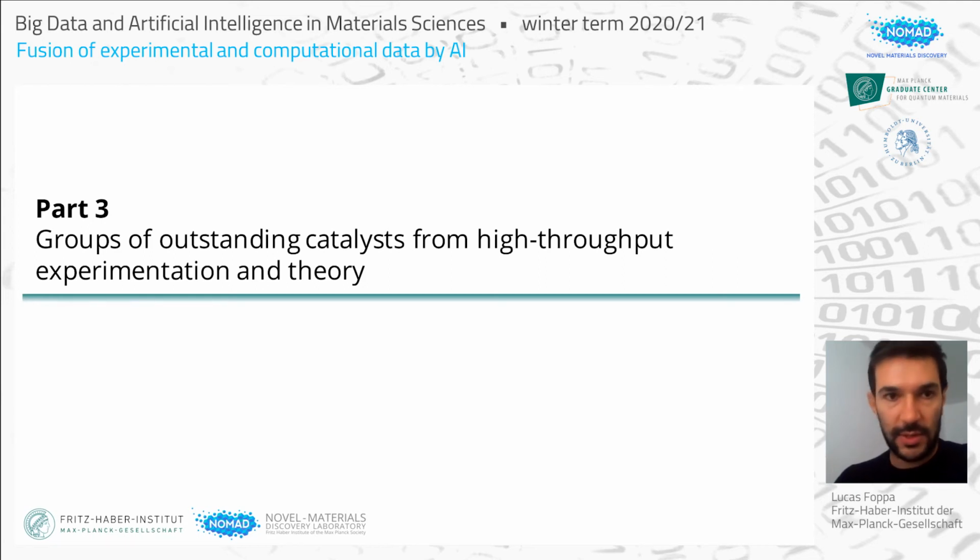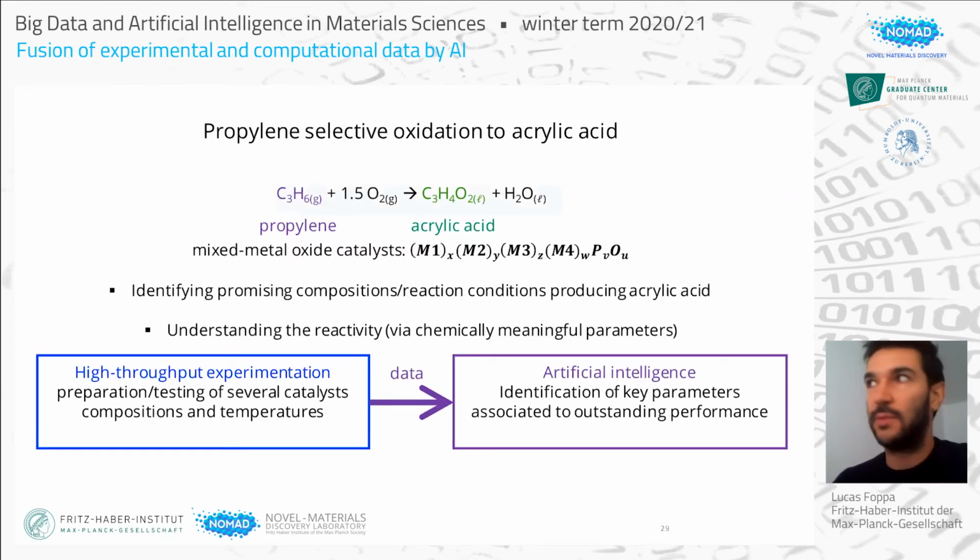So what is the idea here? We have a similar reaction. This is propylene selective oxidation to acrylic acid. In this example, we start with the olefin, this molecule here. We oxidize it, and we would like to obtain this acrylic acid. The type of materials we look at are mixed metal oxide catalysts.